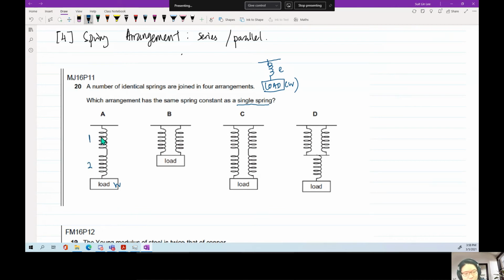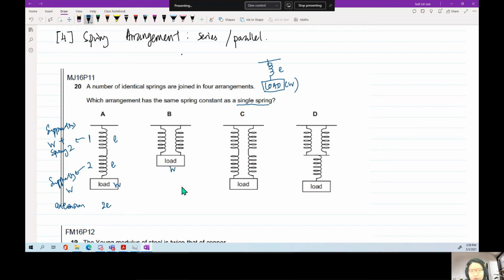If you are spring number 1, you are supporting the load W, so your extension is E. Spring number 1 is supporting W, and spring 2, but I assume that the weight of the spring is negligible, okay? So it's supporting W. And then this 2 is supporting W as well, so it also has an extension E. So for the load W, the extension for A is 2E.